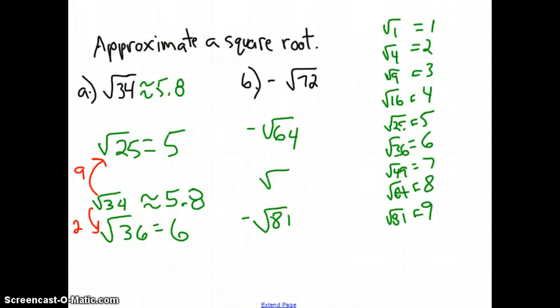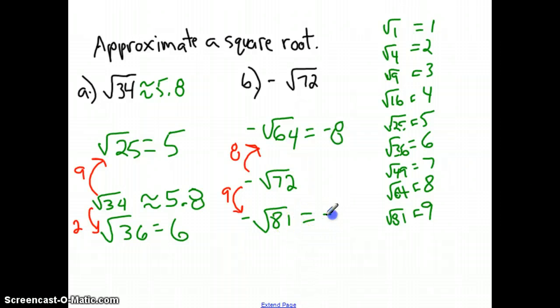Alright, so square root of 72. Now I'm going to look to see how far it is from one to the other. Well, from here to here is 9, and then from here to there is 8. Going back to this, it's going to be negative 8.